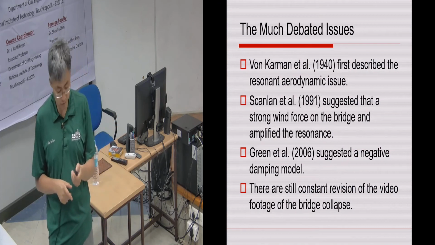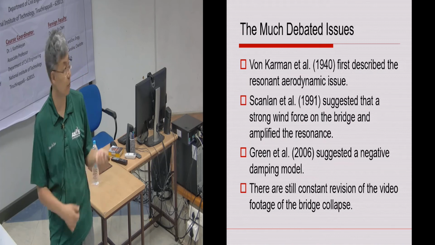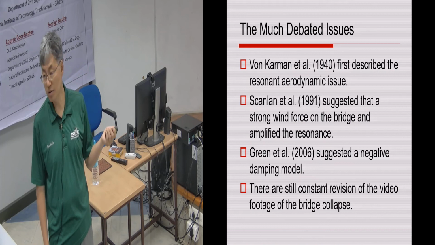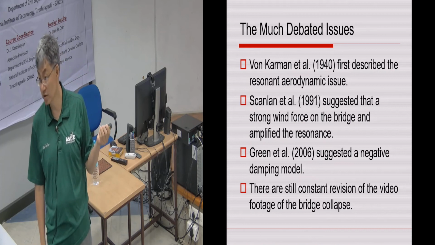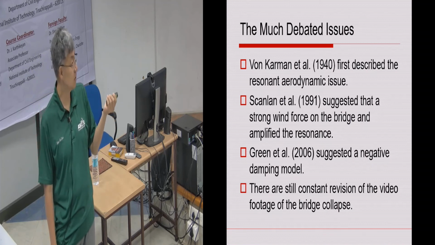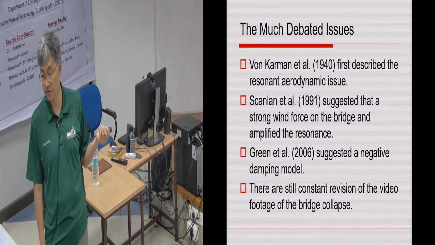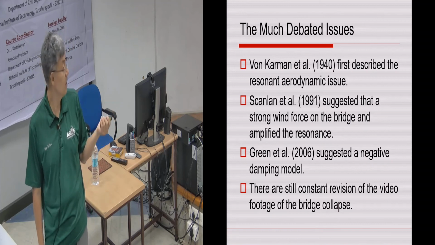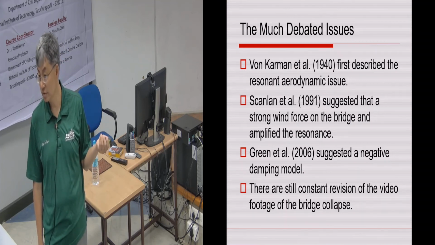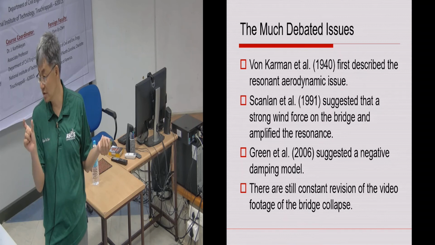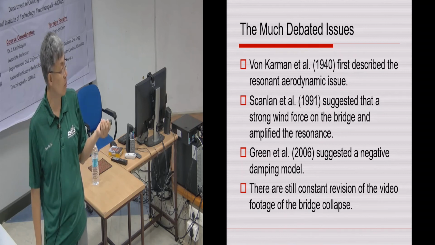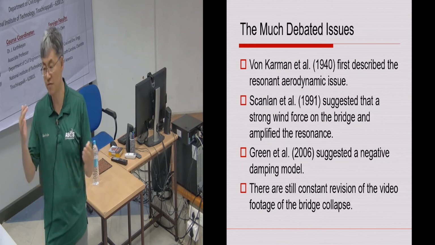The original theory of the Tacoma failure was by von Karman in 1940. Von Karman is one of the Nobel Prize winners in electrical engineering, and he proposed that the bridge fell because of resonance. But then Scanlan, a very famous wind engineer whose book on wind design is a classic, proposed that a strong wind force on the bridge amplified the resonance.